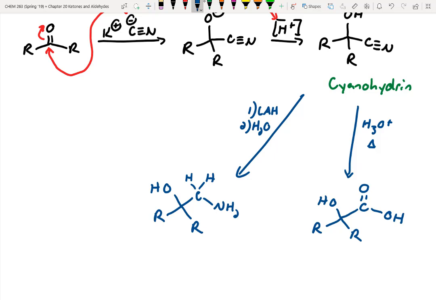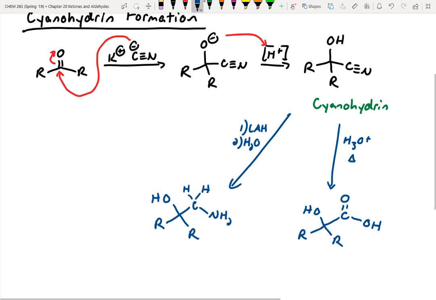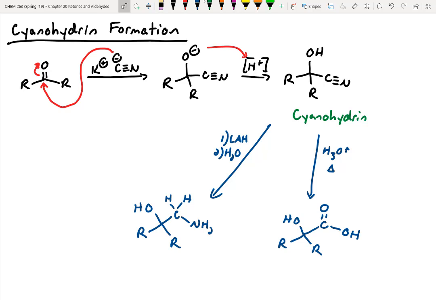So again, we'll see this when we get into the carboxylic acid chemistry chapter. But really, as far as I'm concerned, I want to see that basic nitrile addition to a ketone or aldehyde and then just stop at the cyanohydrin. We'll get back to this later. Does that make sense? So I'll just put a little note here. We'll cover later. So I'm not purposely trying to skip the mechanisms. I'm just saving it for a later chapter. All right.